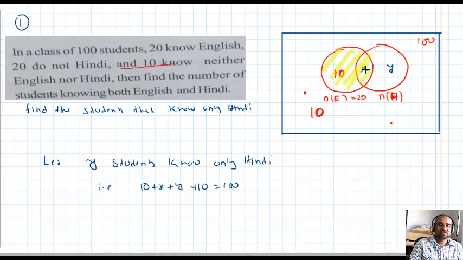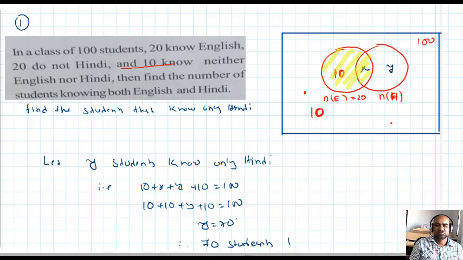This 10 plus X plus Y plus 10 equals 100. So X you got 10, 10 plus Y plus 10 equals 100. So Y equals 70, meaning 70 members know only Hindi. Okay.